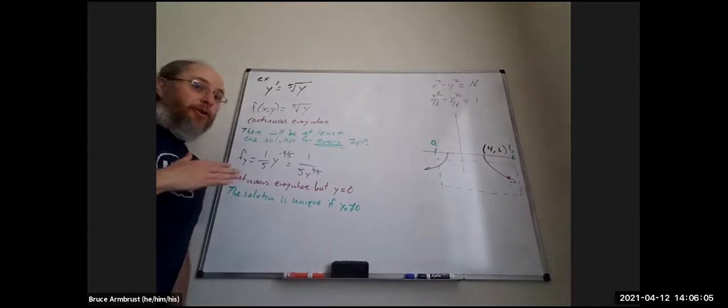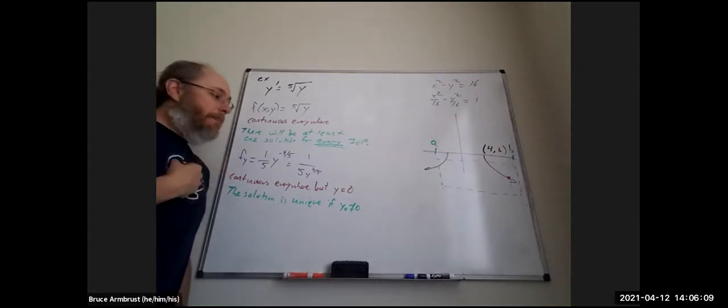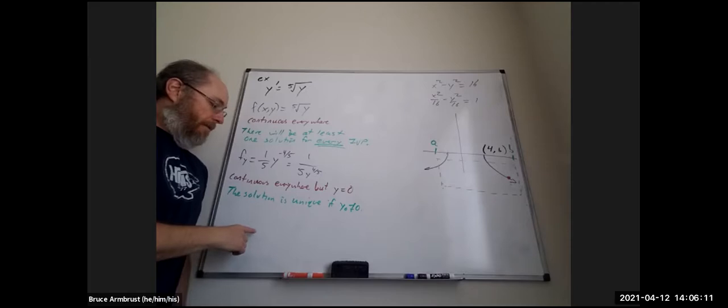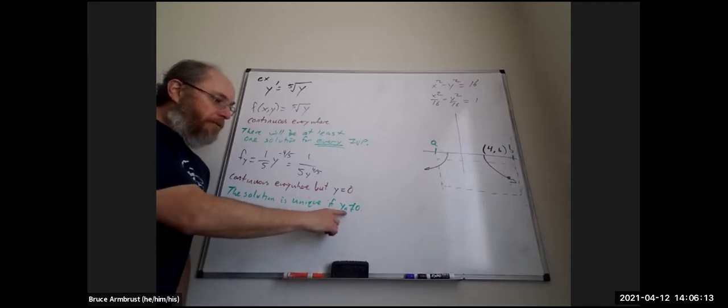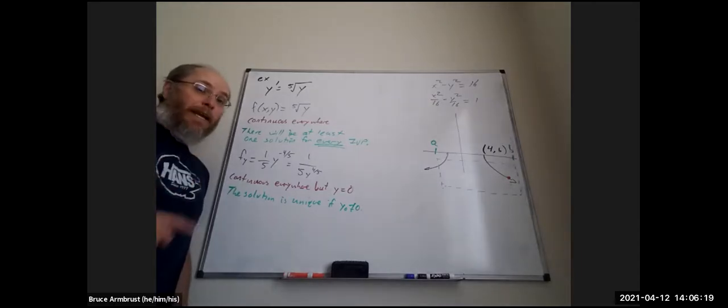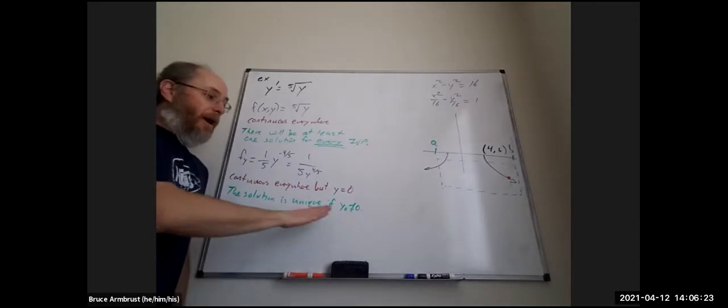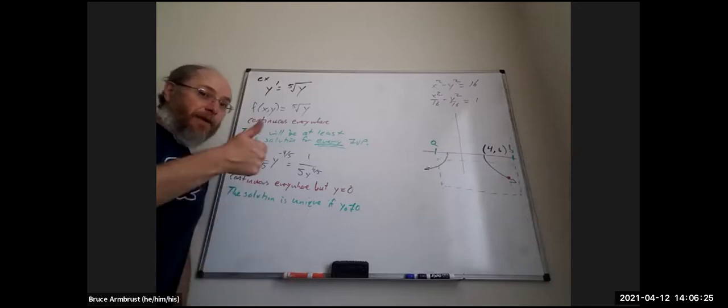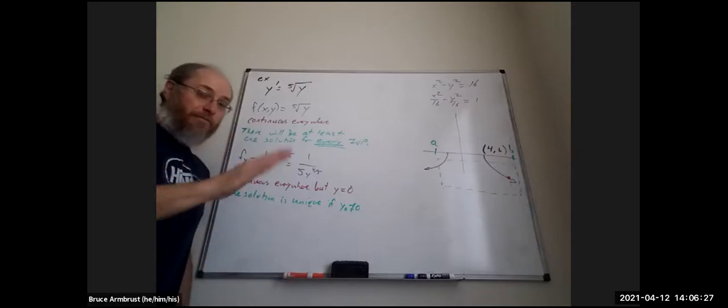And that's still true. I'm still going to be able to find a solution no matter what the initial value is. But what I don't know is that if that initial value is 0, I don't know that it's unique. I don't know that there's only the one answer. So if you give me a y that's not 0, yep, there's one solution and only one solution, and we're good to go.